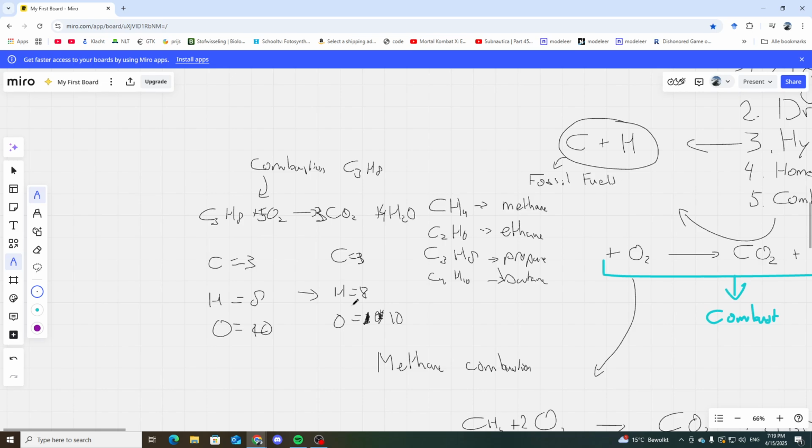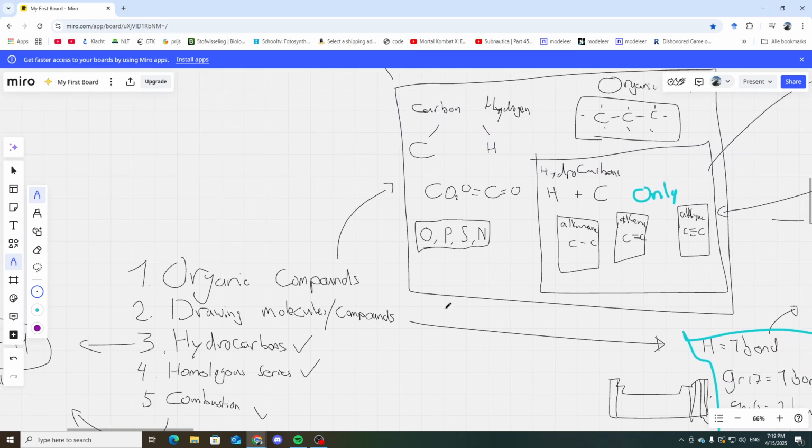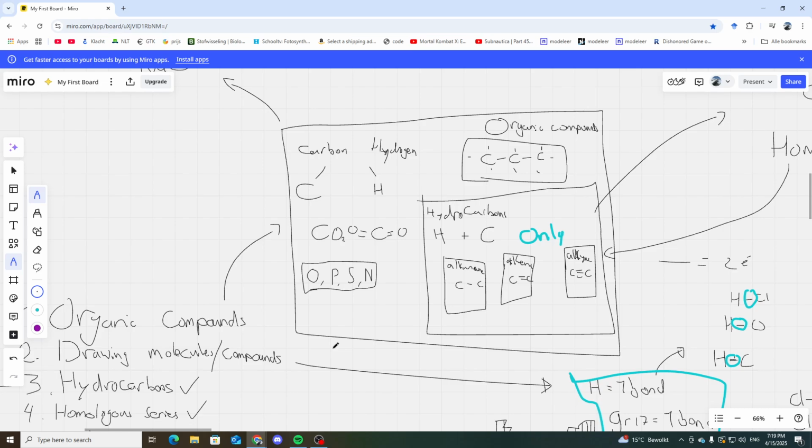Okay, so that is organic compounds, drawing hydrocarbons, homologous series, and the combustion. So just to recap, organic compounds, big section within chemistry of compounds that contain hydrogen and carbon, and can also contain these different extra atoms, such as usually oxygen, phosphorus, sulfur, nitrogen, sometimes chlorine, sometimes iron even.